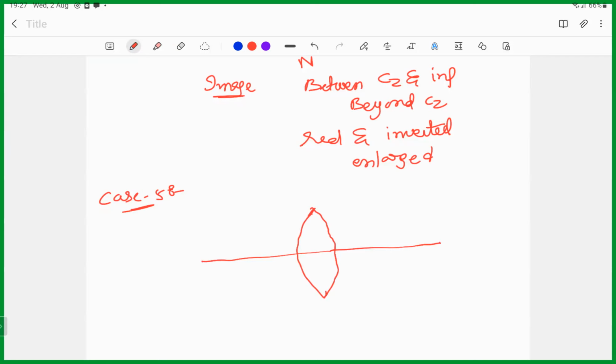So if the object is at infinity, then the image will be at F. If the object is at F, then the image will be at infinity. That's called dual. So this is O, F1, C1, F2, C2, M, N.